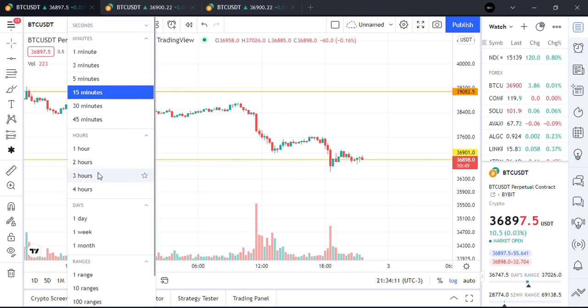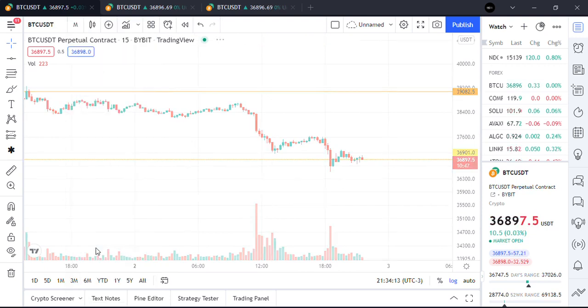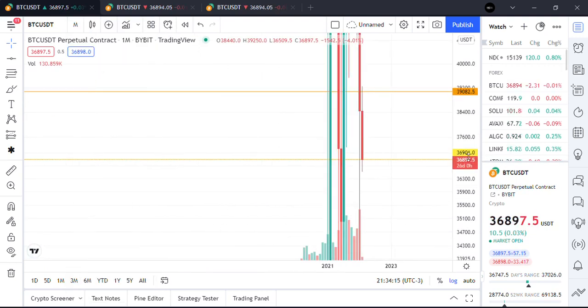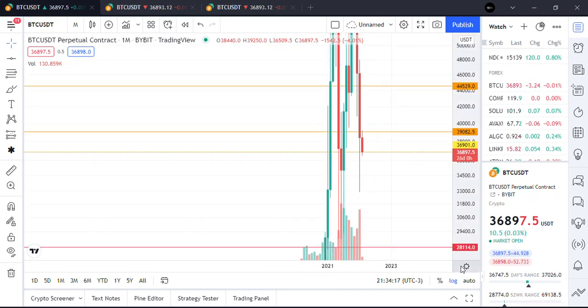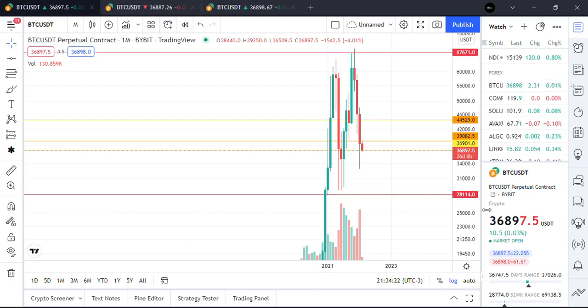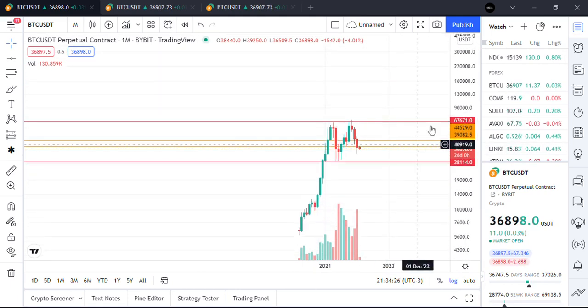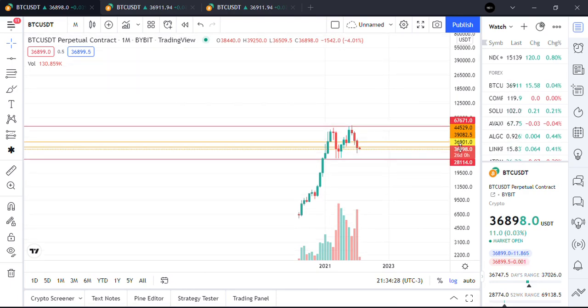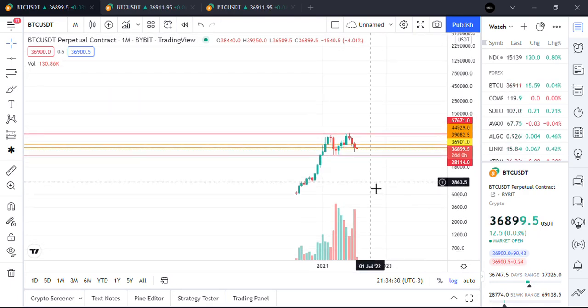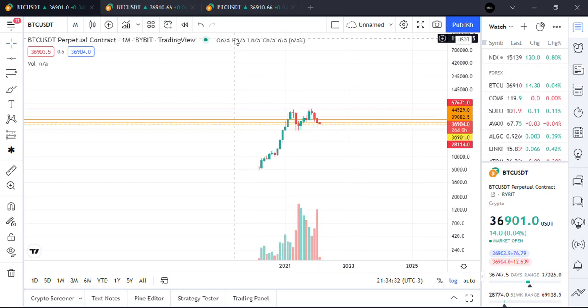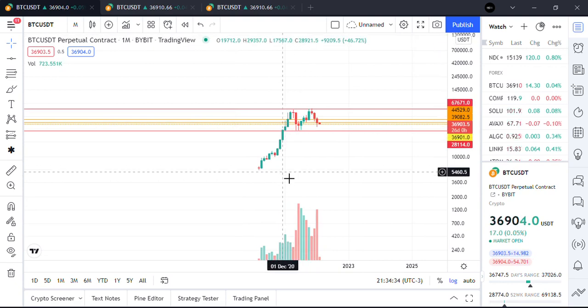So back to what we're saying, we're talking about trend lines now, basically how you use support and resistance. I've explained trend lines in the class already.